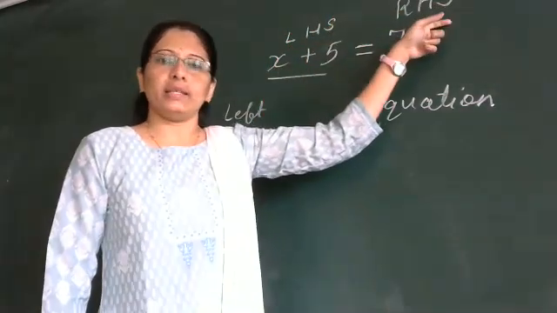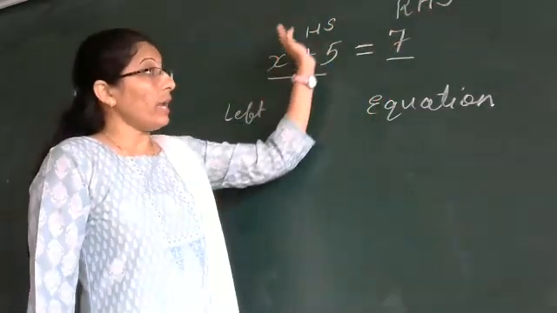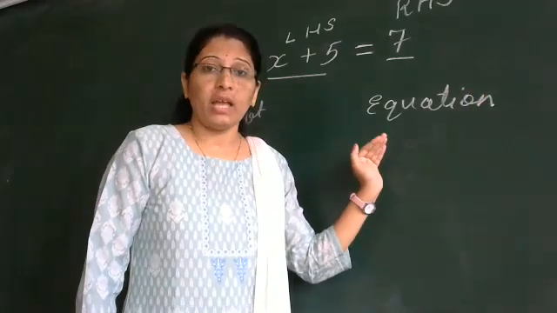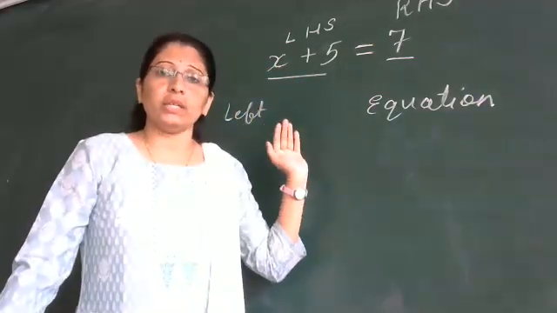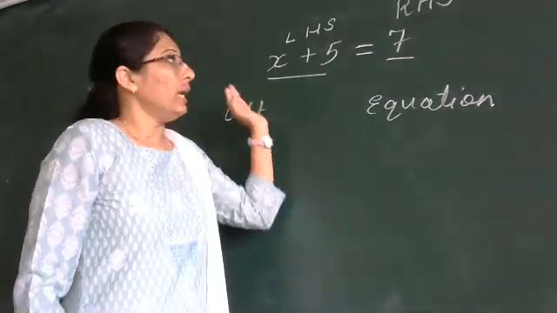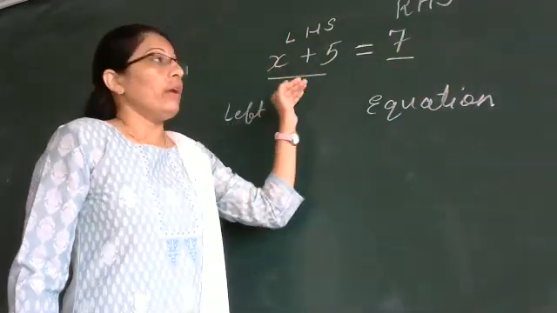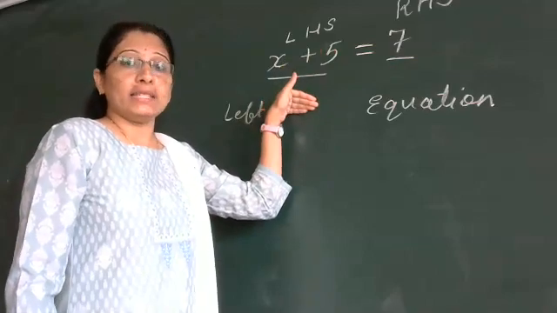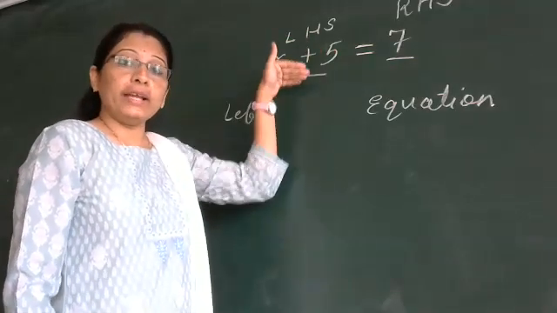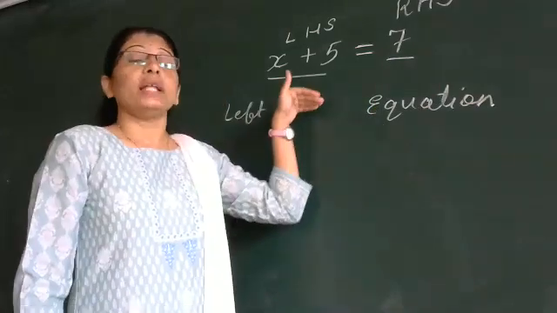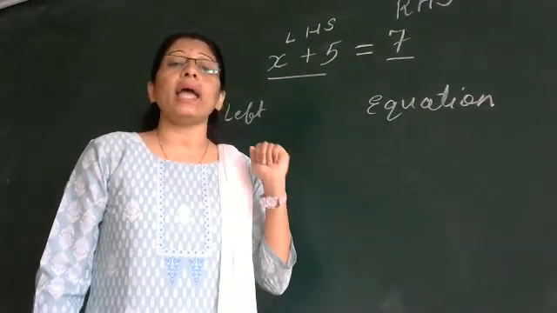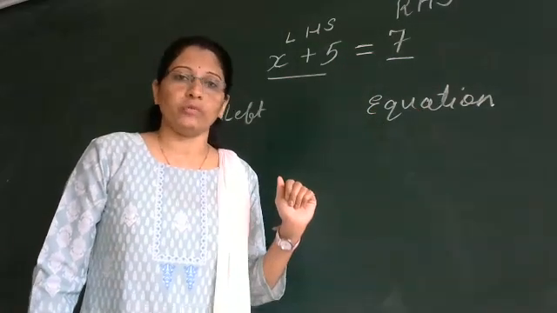LHS, RHS. So whenever any equation is given and in that x is an unknown value, an unknown variable, there should be balance. LHS should be equal to RHS. Then only you will get the exact solution.